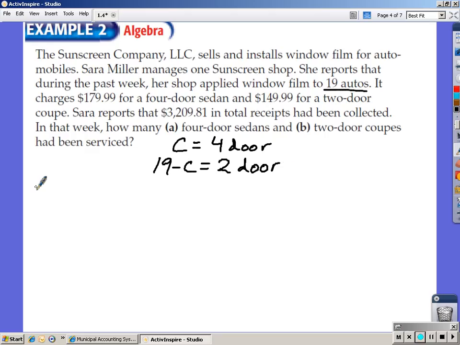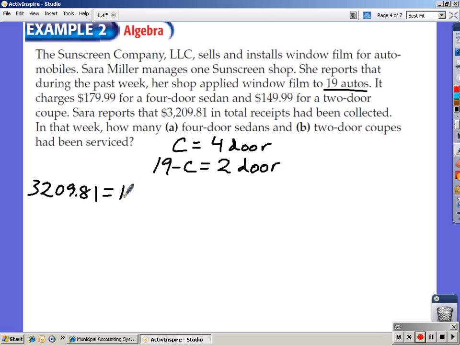So we start out $3,209.81 equals, okay? Now, this is the total amount of money that was made. We need to plug in the cost per 4-door and the cost per 2-door. The cost per 4-door is $179.99.